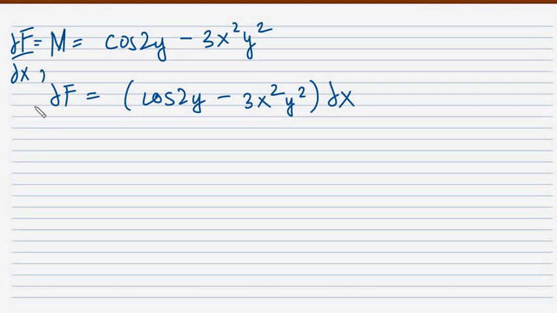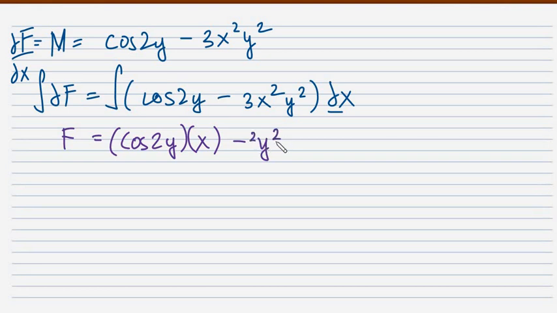So f is the integration where our variable of integration is x. We have f is equal to the integral of cosine 2y dx. Cosine 2y is constant, and the integral of dx is x. And then minus, here we have 3y squared as our constant, and the integral of x squared dx would be x cubed over 3.